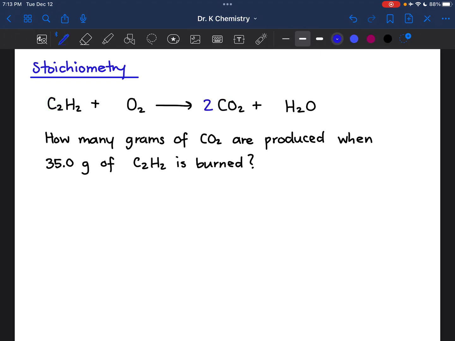So I'm going to fix that by multiplying CO2 by 2 to account for the carbons on the left side of the equation. Now, on the right-hand side, always start with carbon when you're balancing combustion reactions, then move on to hydrogen. And I see on the left I have 2 hydrogens, on the right I have 2 hydrogens. So hydrogens right now are good to go.